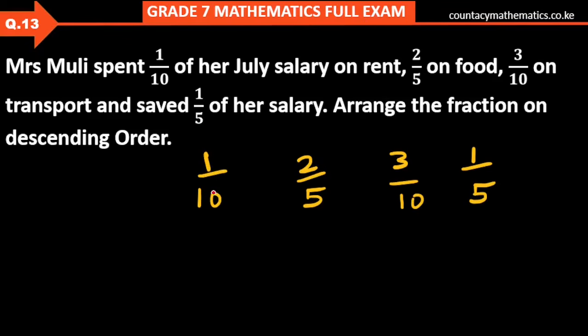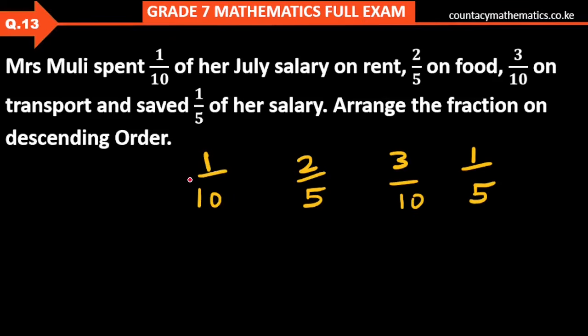So what you're really supposed to do is to check first the denominator of these numbers. You see, the denominator here is 10, 5, 10, 5. It is not quite easy to compare these numbers the way they are because they don't share a common denominator. So the first thing to do is to convert them into a similar denominator.